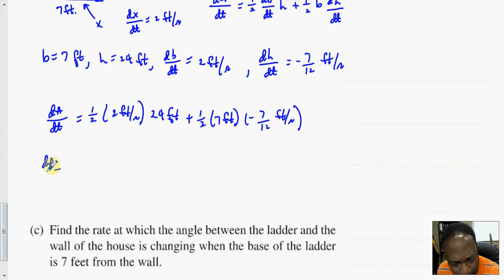And so this dA over dt, this is feet squared divided by seconds, and that's going to be 2 divided by 2 cancels out, so that's 24 feet squared per second.